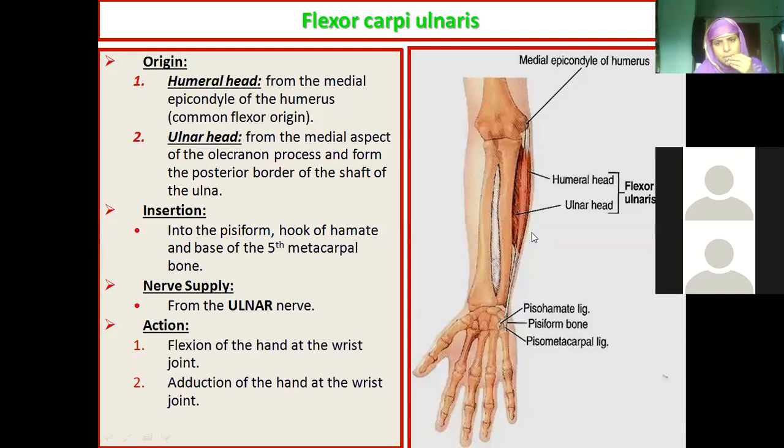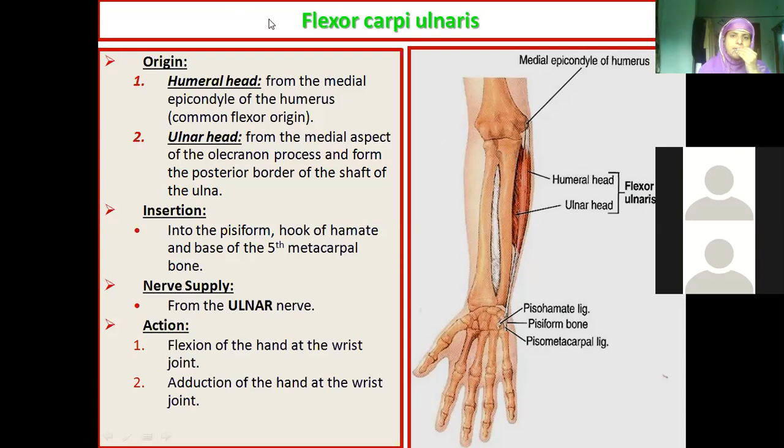Palmar aponeurosis. Next muscle we have is flexor carpi ulnaris. This also has two heads of origin. One is the common flexor origin coming from the medial epicondyle of the humerus. Then the ulnar head is coming from the olecranon process, medial aspect, and also the posterior border of the shaft of the ulna.